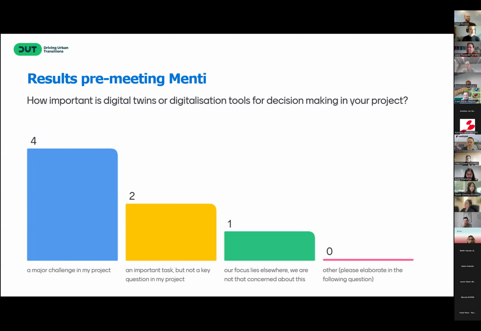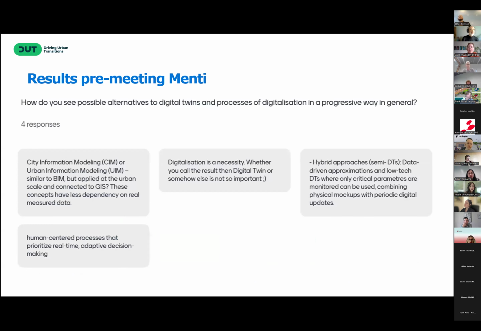Next slide. We also got some qualitative responses here. How do you see the possible alternatives to digital twins and processes of digitalization in a progressive way in general? The city information modeling or urban information modeling was mentioned, but how to apply them to the urban scale and connect to GIS systems.